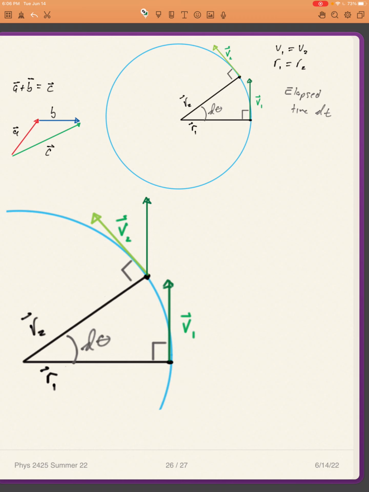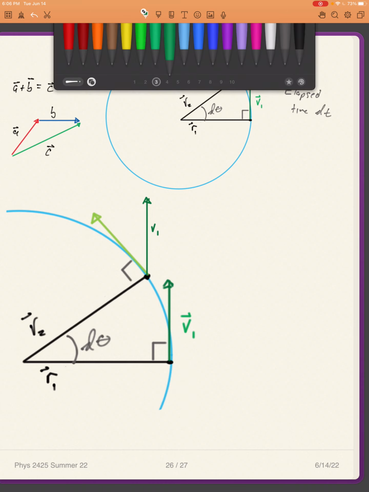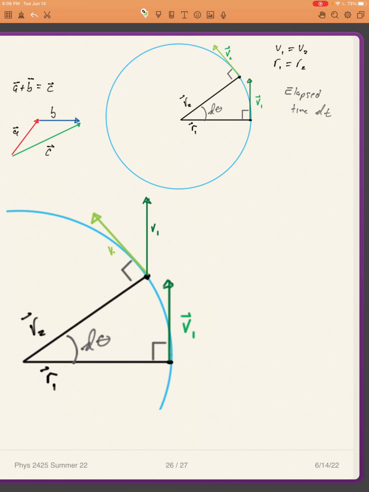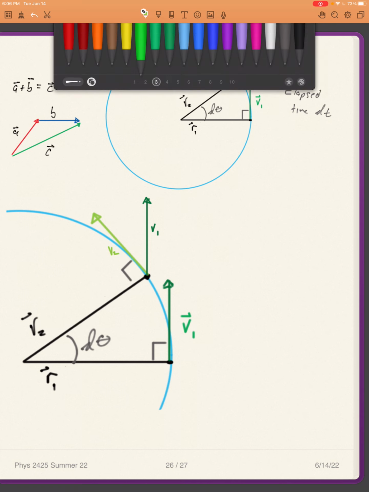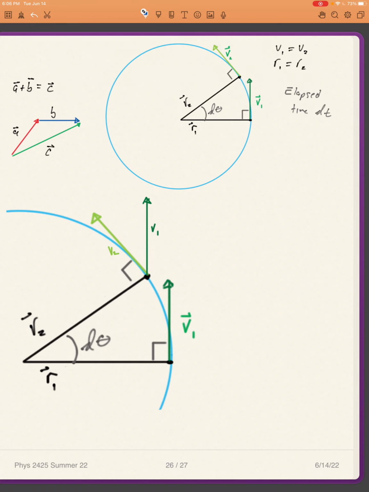More or less. Okay, so that's just vector v1 again. Now, what I need to find is this vector that transforms vector v1 into vector v2, which should be that one right there. Meaning, if I add this vector to this vector, then I would get vector v2.